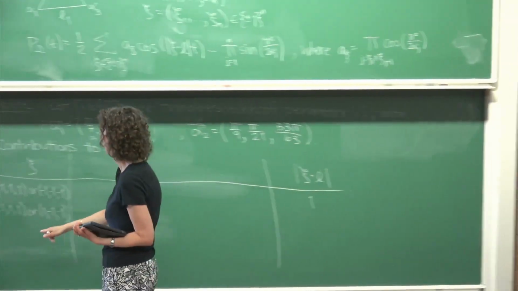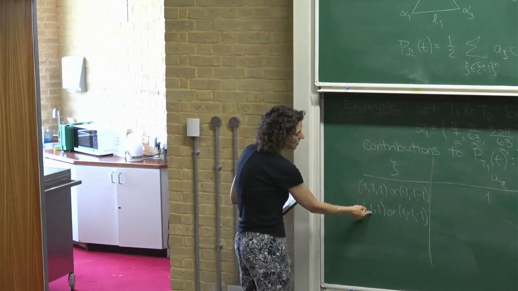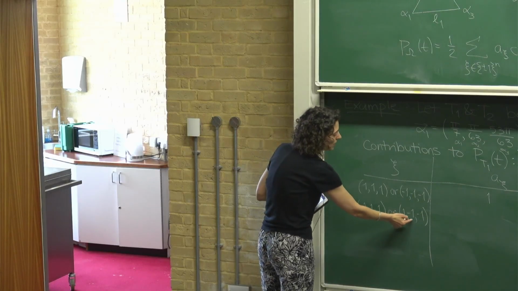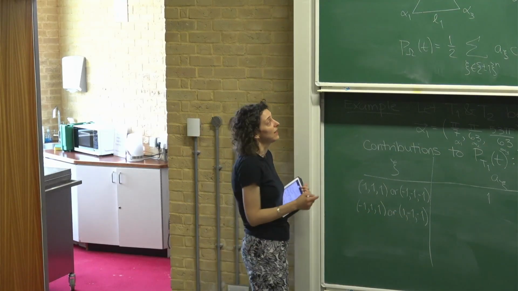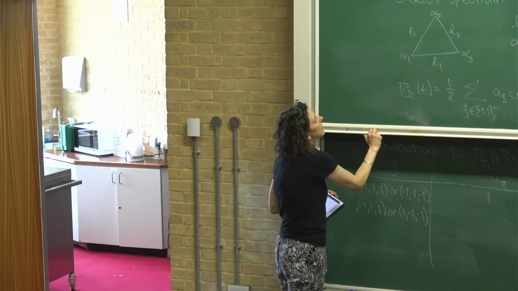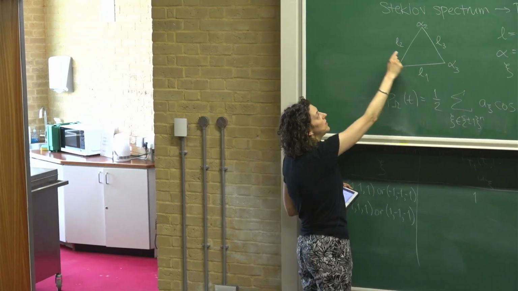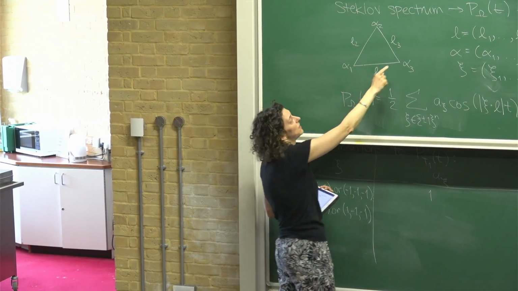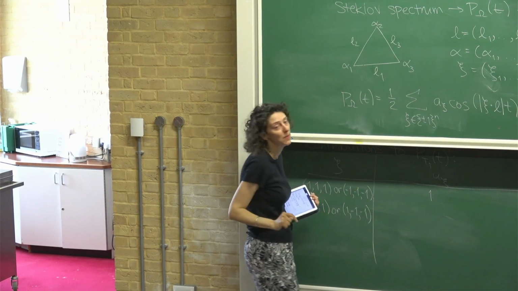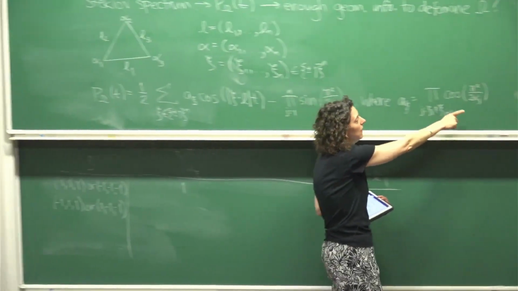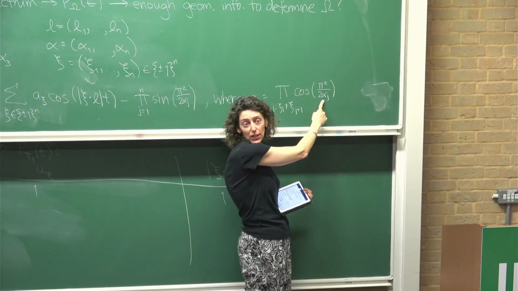So my switches occur from 1 to 2 and 3 to 1, right? In both of these, 1 to 2, 3 to 1. Okay, so looking at my triangle, as I switch from 1 to 2, I'm picking up something about alpha 1. As I switch from 3 to 1, I'm picking up something about alpha 3. Okay, so alpha 1 and alpha 3 are what go in my alpha j here.